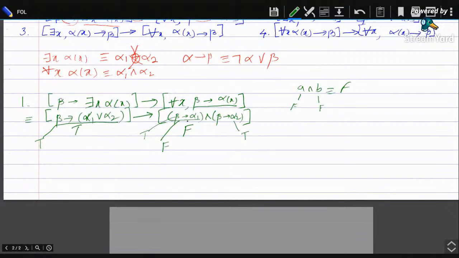You want this to be false. So when do you think this will be false? When this is true and this is false, you will get a false. Okay, beta as it is, we wanted this thing to be true, so we set beta equal to true, and that beta has come here as true, and we want the right hand side to be false. So to make the right hand side false, if one of them is false, that is sufficient.